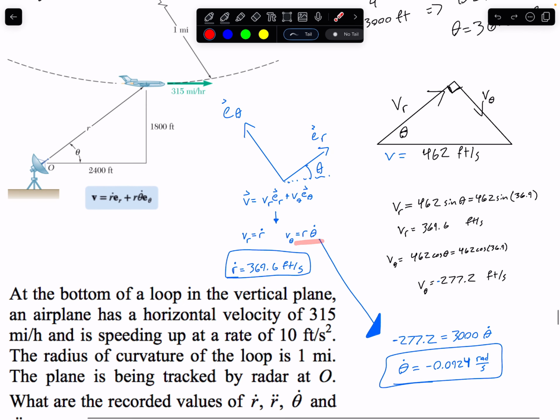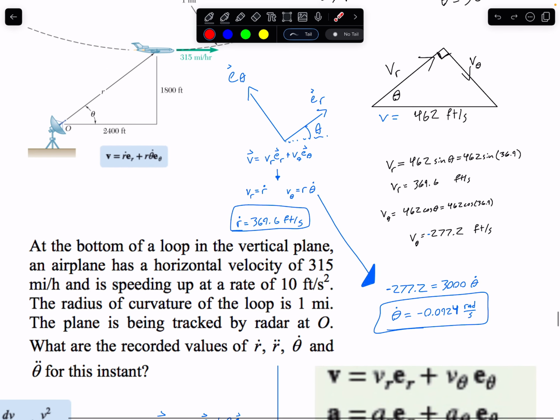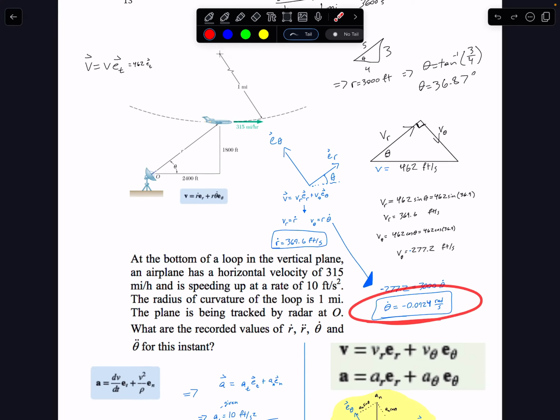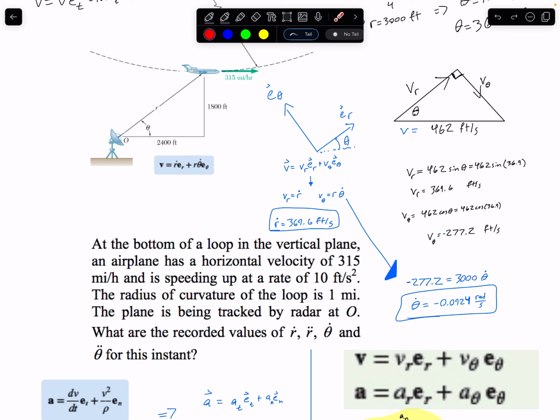So we already have VR, so we know r dot is equal to 369.6 feet per second. And then we have the radius and we have the omega, so we can find omega dot very easy, which is negative 0.0924 radians per second, which I believe means how fast that is instantaneously closing at that point.